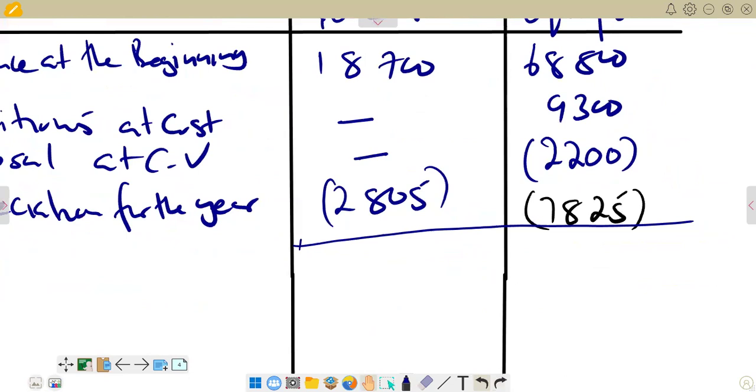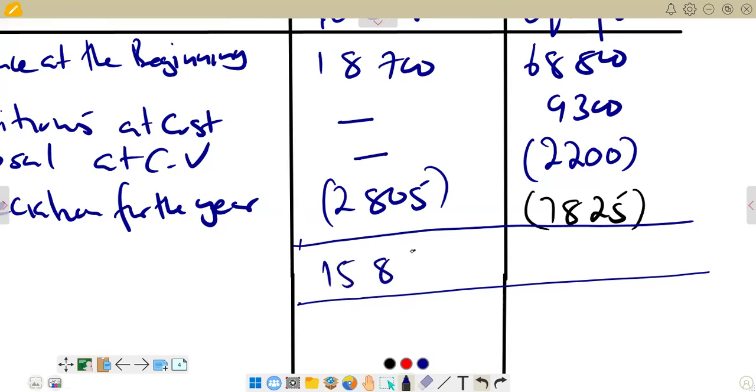For vehicles, we're saying 18,700 minus 2,805, then we get 15,895. And for equipment, we're saying 68,800 plus 9,300 minus 2,200 minus 7,825. We are going to get 68,075.